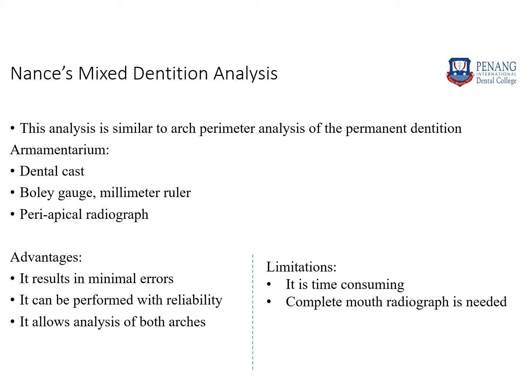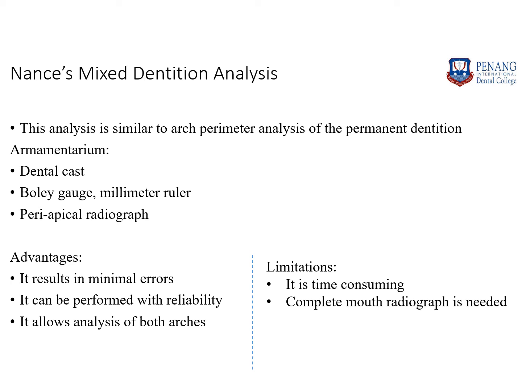The next analysis is Nance mixed dentition analysis. So this is similar to arch perimeter analysis of the permanent dentition. So what you need is a dental cast, a Bowley gauge, a millimeter ruler, and a periapical radiograph. So what are the advantages of this particular analysis?